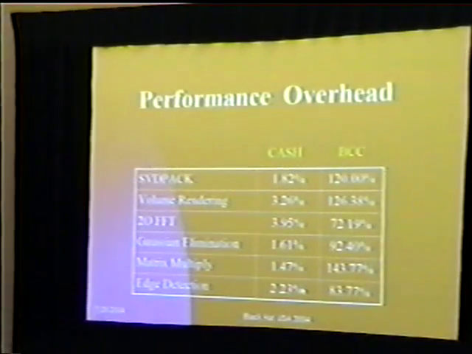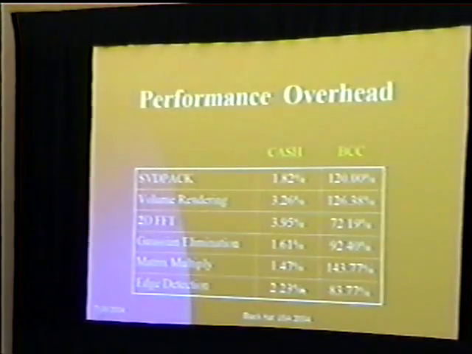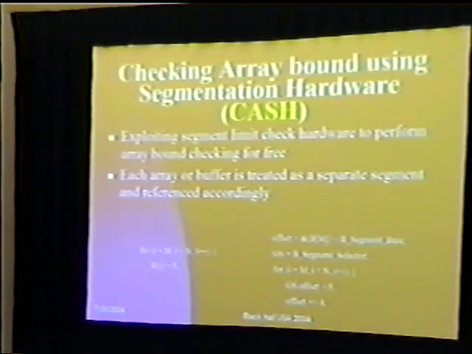So we are using a separate segment for this particular array, so that when the code is actually generated, the hardware would actually check whether the offset is within the range of this particular segment. And as a result, as you can see, to the right of your slide, there's actually no additional software needed to do array bound checking, but implicitly, the hardware is doing the array bound checking for you.